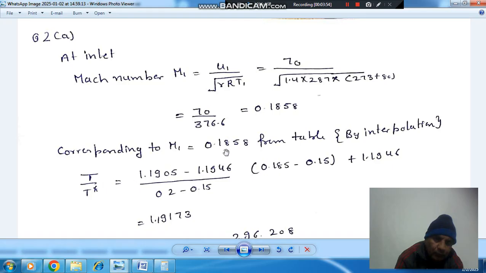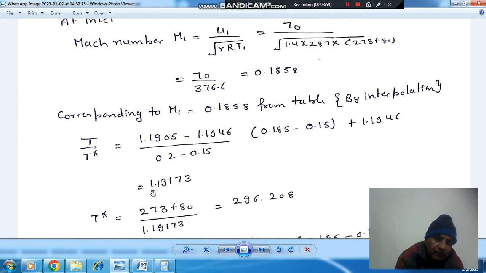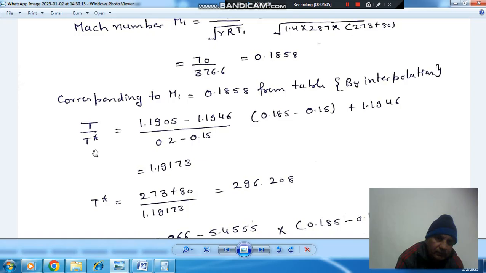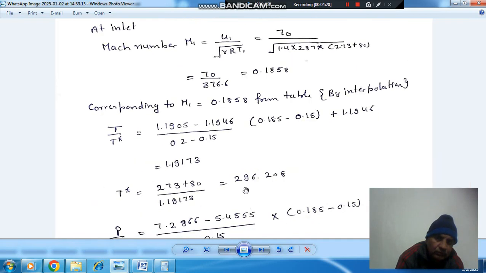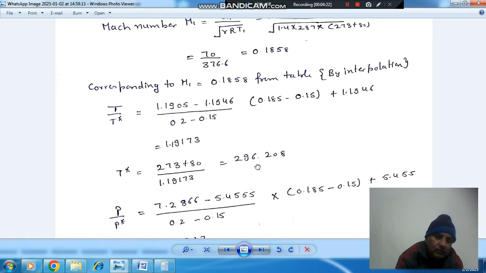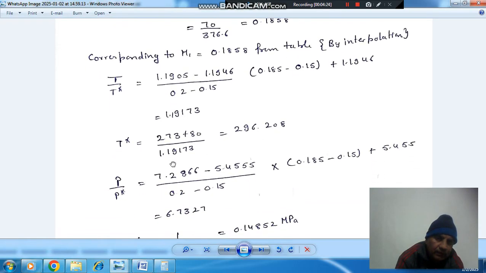So at 0.1858, T by T star will be 1.19173, and T is 273 plus 80. So T star will be 273 plus 80 divided by 1.19173, so that will be 296.208.